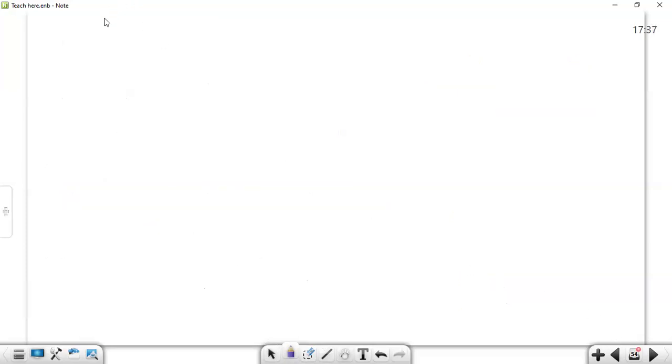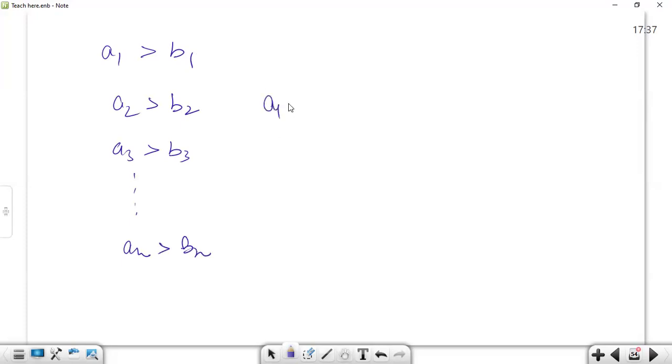Let me write it separately. A1 is greater than B1 and A2 is greater than B2. A3 is greater than B3. So on and on. An is greater than Bn. So we may conclude in this format that the sum of all A terms will be greater than the sum of all B terms. That's what property number 5 says.